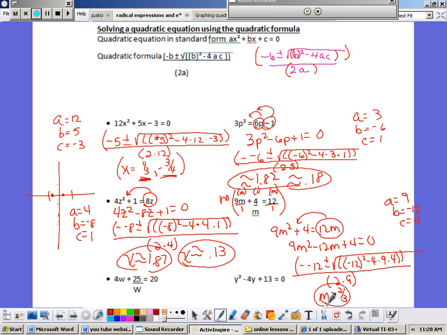What that means is if I graph this, the vertex would be sitting on 2/3. So my parabola is actually sitting on the x-axis. That's what happens when you only have one. Okay? This, it crosses twice. This, it sits on the x-axis, either opening up or down. This one opens up because it's plus in the front.